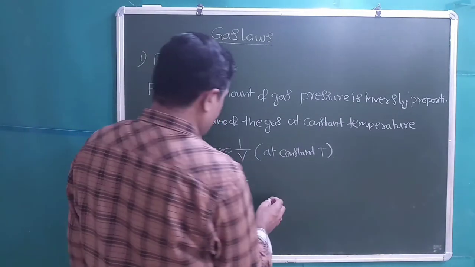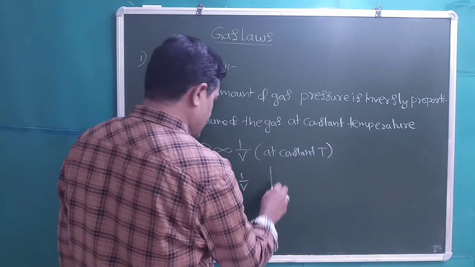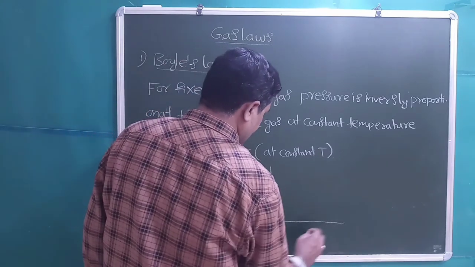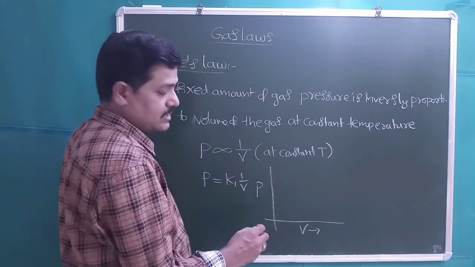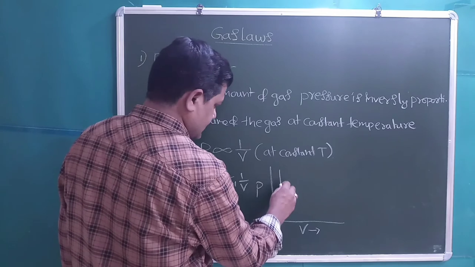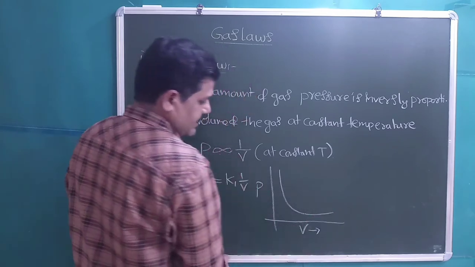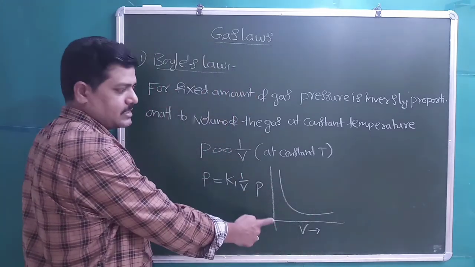So graphical representation for this Boyle's law, by taking volume on x-axis, pressure on y-axis, we will get a graph like this. With the increase in volume, pressure decreases.